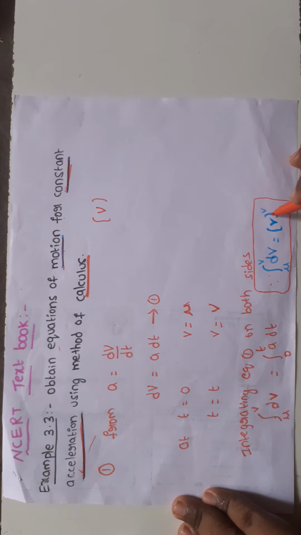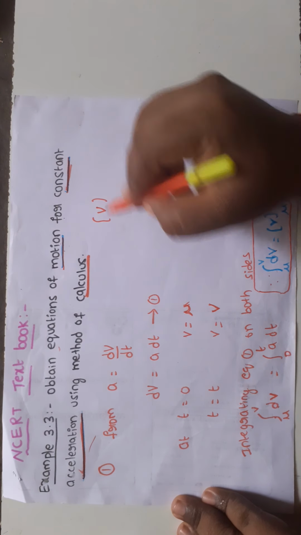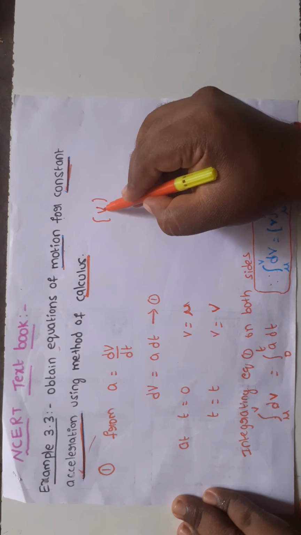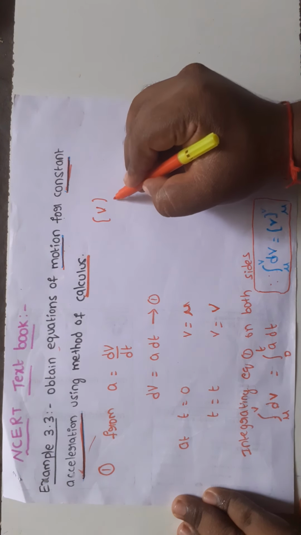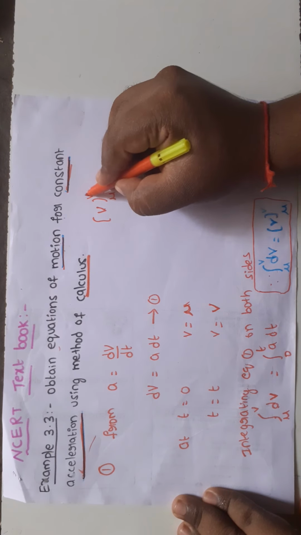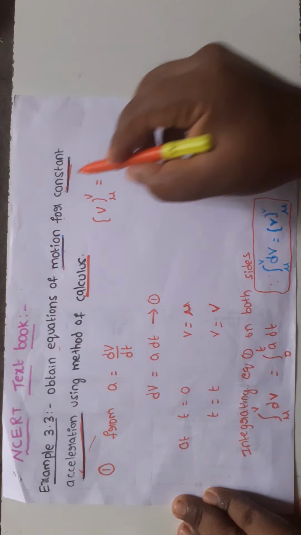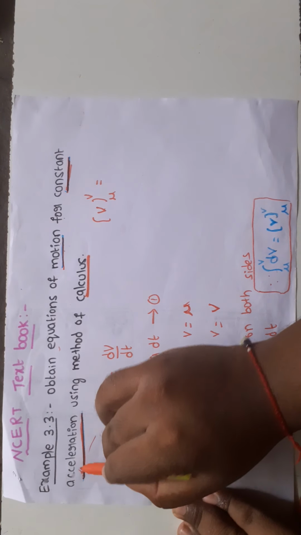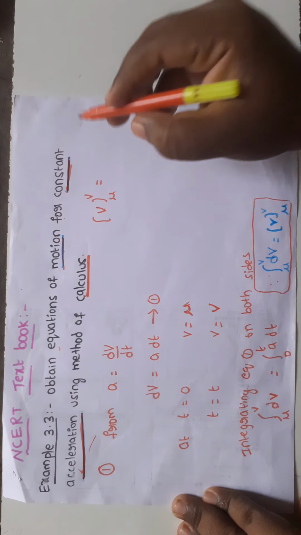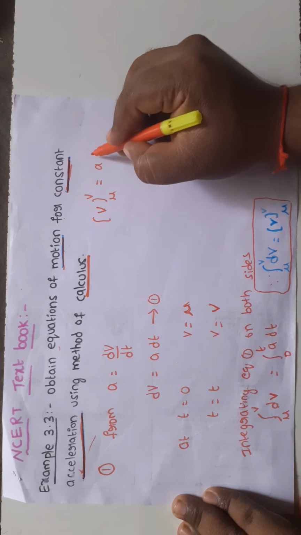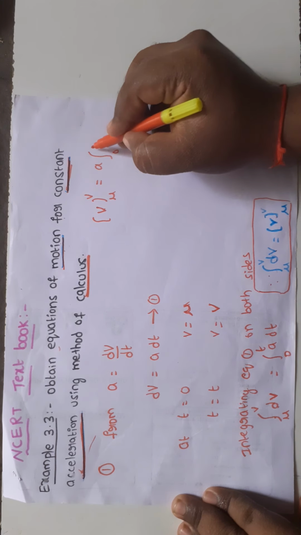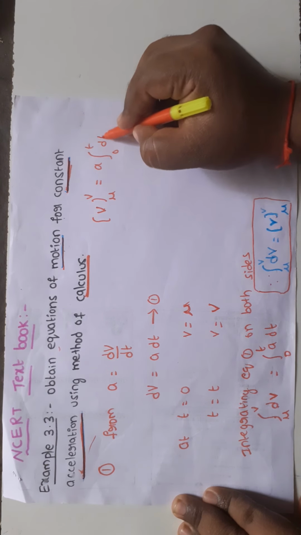After integrating, you can substitute the limits value, upper limit minus lower limit. Here a means acceleration. In the question it is already told that acceleration is constant, so a comes out of the integral, 0 to t dt.